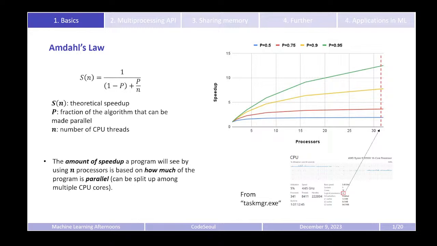If we check this graph, you can see that on my PC with 32 processors, the maximum I can get at 95% parallelizable code is about 13 to 14x, even though my number of processors is 32.